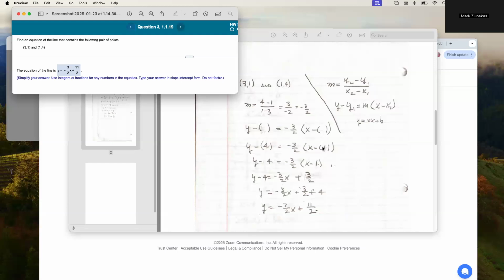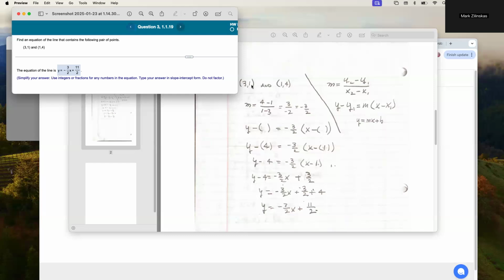Sometimes you'll get a negative number in here, and you have a minus and a negative, and you may forget to do that. In this case right here, I have x minus 1, which leaves me with just x minus 1. But if I had a -1 here, that would become a +1, right? And we simplify from algebra. So I just think it's always a good idea to check your work over real quick before you type your solution in.